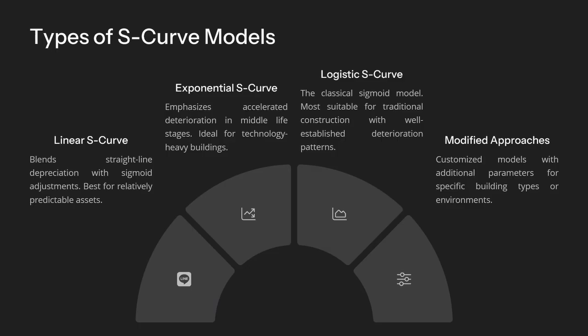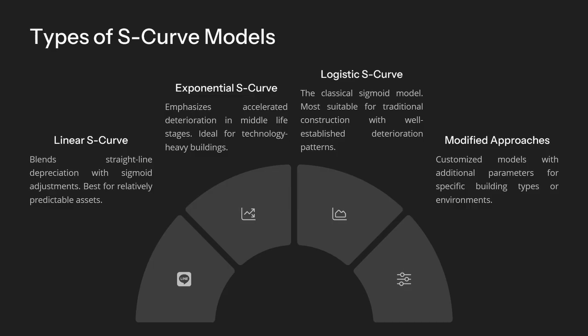So, types of S-curve models. The first type is the linear S-curve. This blends straight line depreciation with sigmoid adjustment, best for relatively predictable assets. The second type is the exponential S-curve.